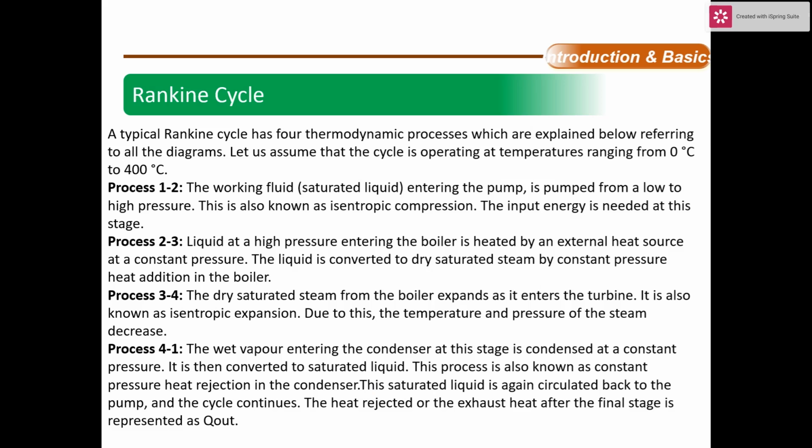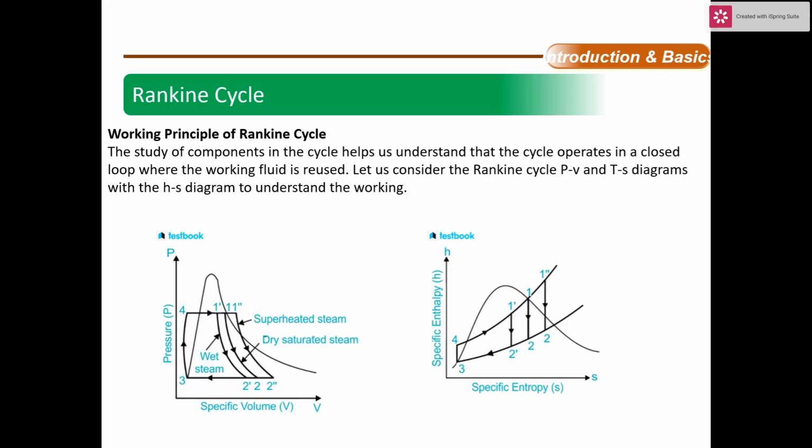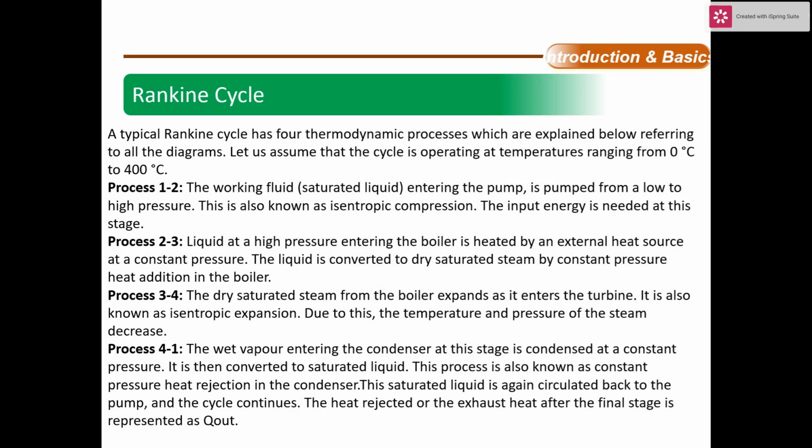A typical Rankine cycle has four thermodynamic processes, which are explained below, referring to the diagrams. Now, let us assume that the cycle is operating at temperatures ranging from 0 degrees to 400 degrees Celsius. Process 1-2.